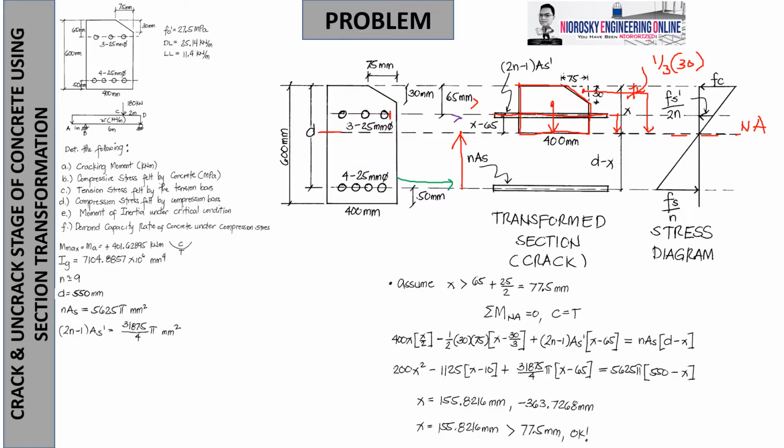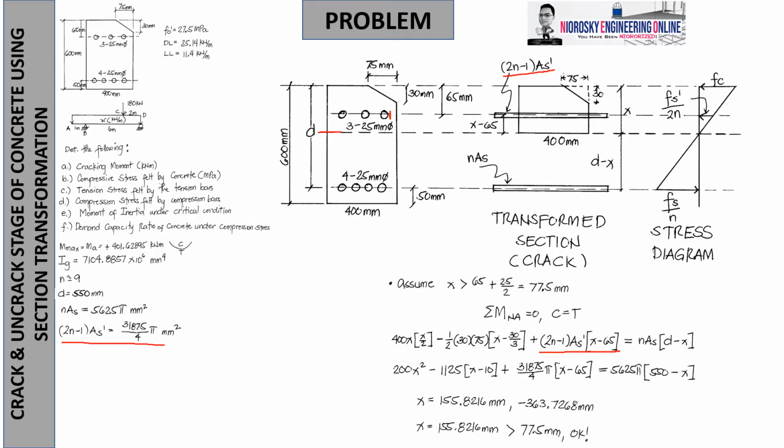Now, so, let me erase this a little para malinaw-linaw. Ayan. Now, so therefore, wala po siyang, what do you call this? Direct influence dun sa area kasi ito yung totoong area na ng force, no? That's why, area of this bar is 2n minus 1 times AS prime. This is, we calculated it earlier. And then, times the distance of x minus 65.